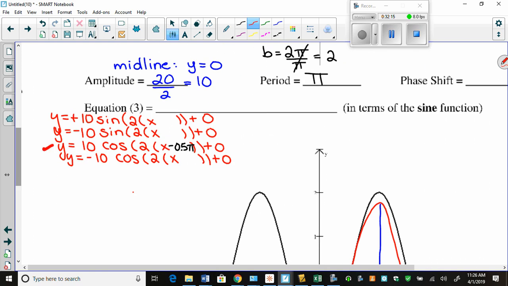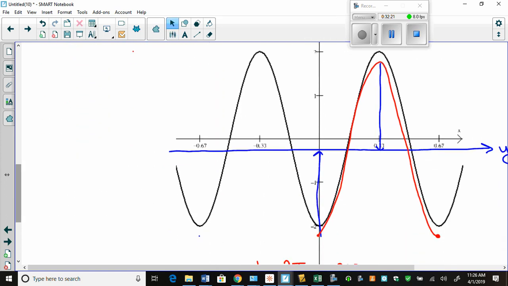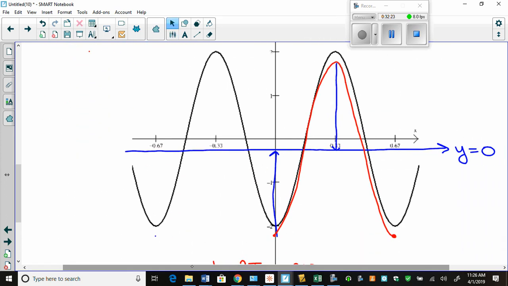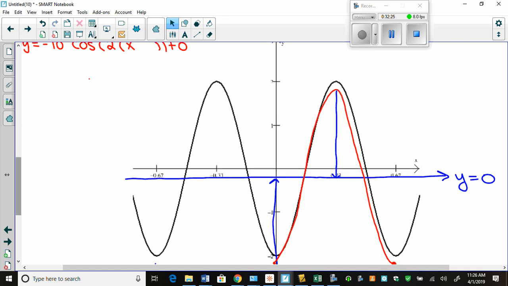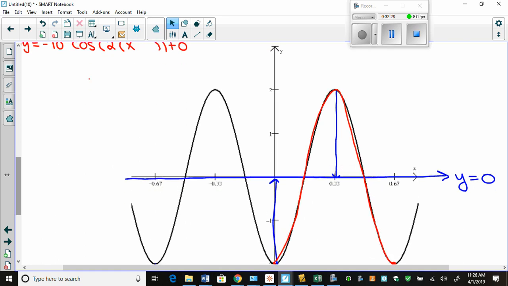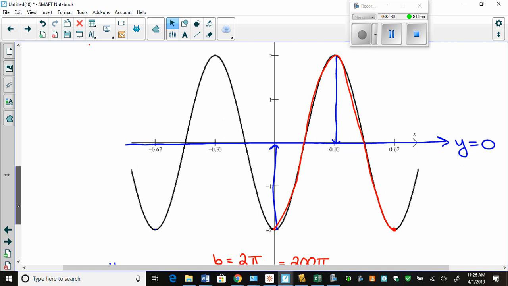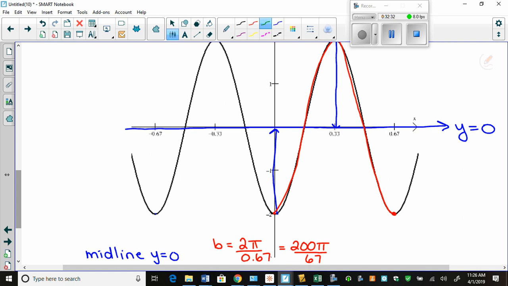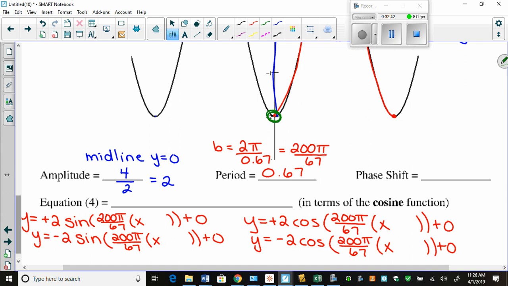So now I've done both of these. Go to this one down here. I'm going to get you to do the negative cos and the positive cos C values. The negative cos C value, my minimum is on the y-axis. So has my minimum been moved at all? No, so my negative cos is done.